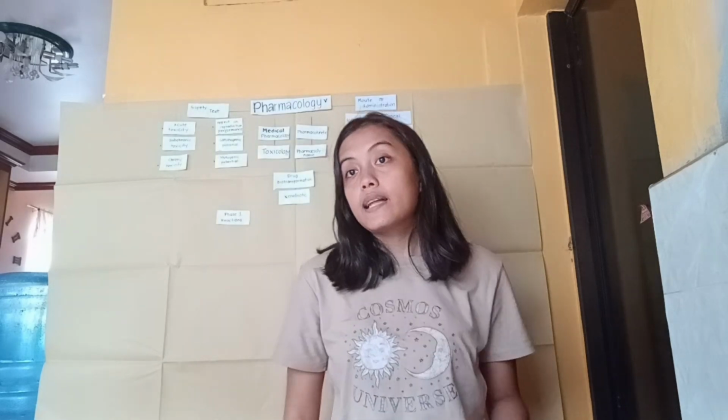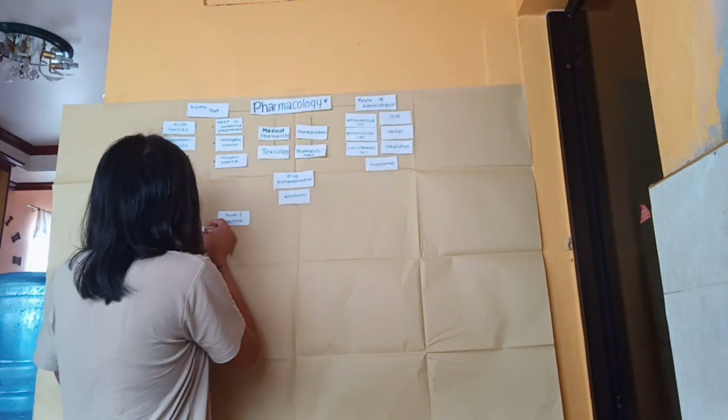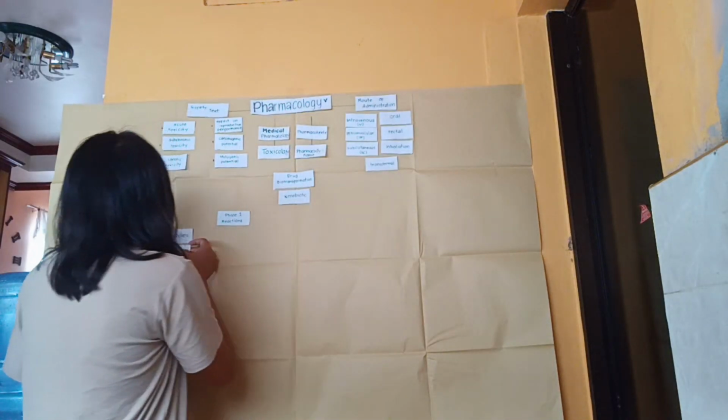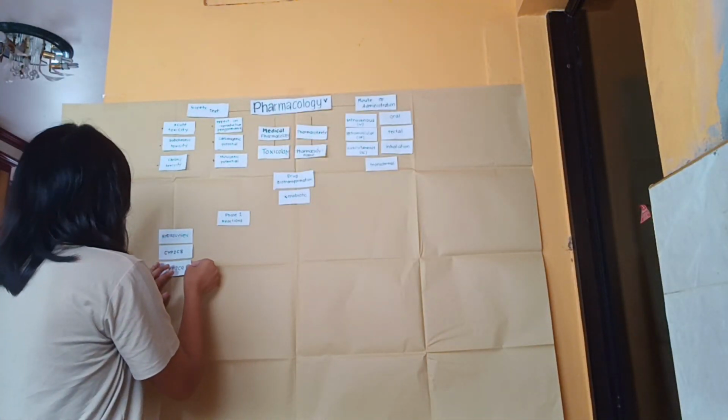So to start with, let's have hydrolysis. Under hydrolysis, there are enzymes involved in the genetic polymorphism which causes defects, and those enzymes are CYP2C8 and CYP2C9. Another thing which undergoes hydrolysis are the esters.